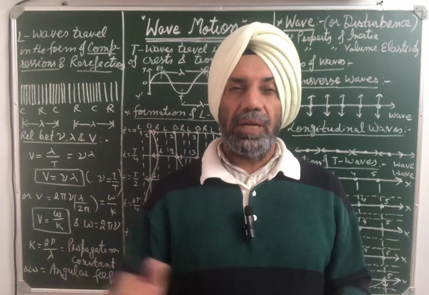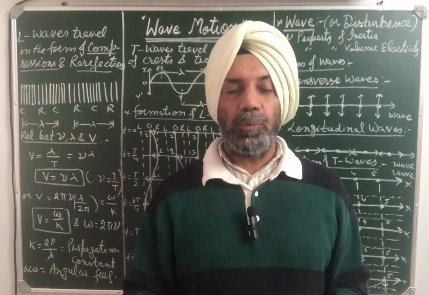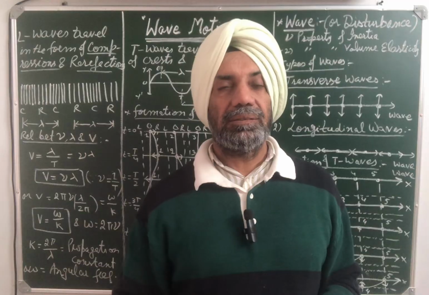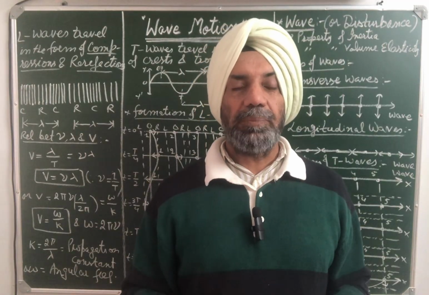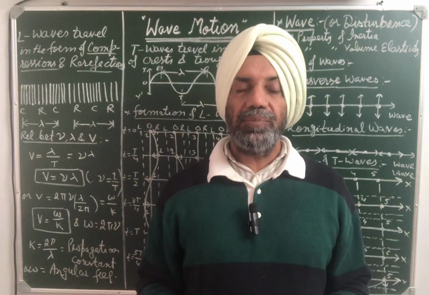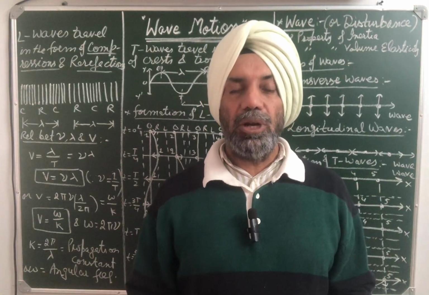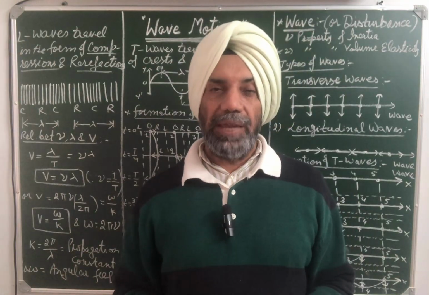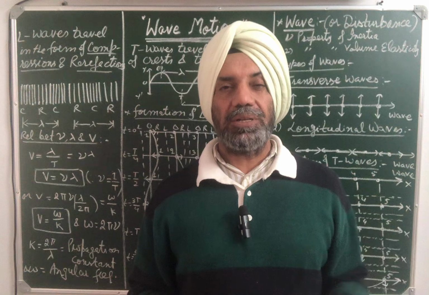It doesn't move in any direction. It proves that it is only the disturbance that travels, not the medium itself. So disturbance travels through a medium without its actual movement. That disturbance is called a wave, and when it propagates through a medium, it is called a wave motion.